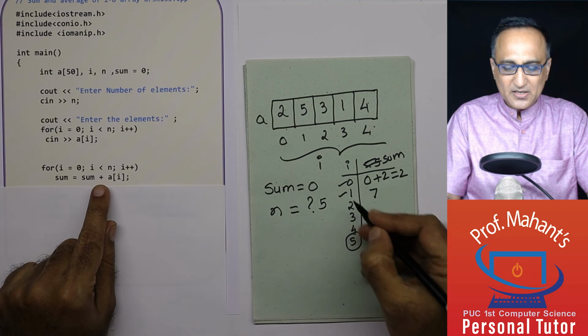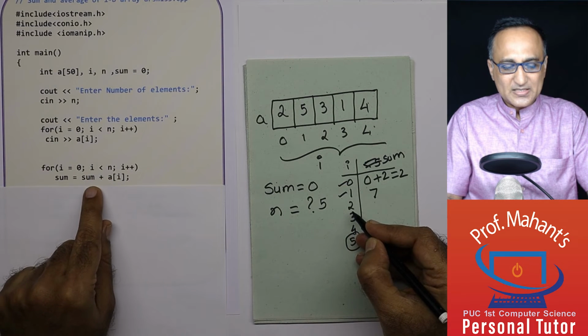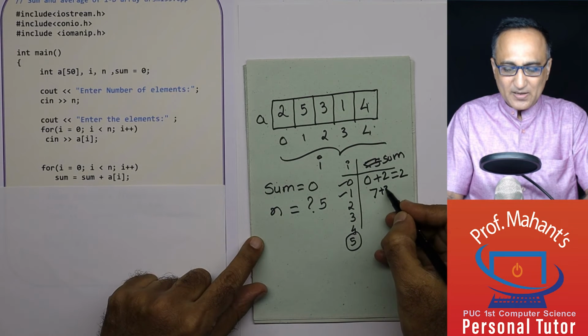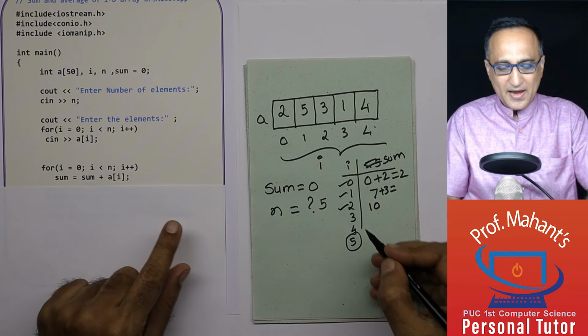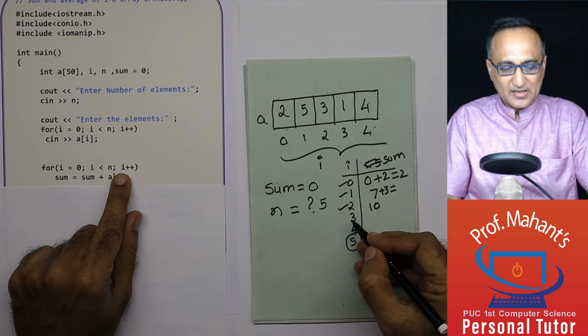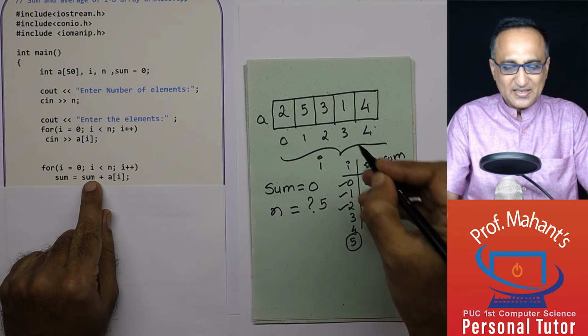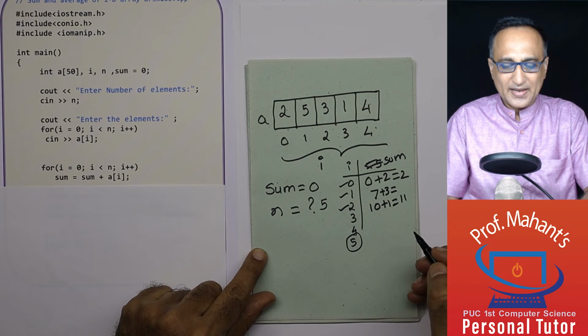I becomes 2. 2 is still less than 5. Sum is sum plus A of 2. A of 2 is 3. 7 plus 3 is equal to 10. Now I from 2 becomes 3. 3 is still less than 5. Sum is 10 plus A of 3. A of 3 is 1. It is equal to 11.